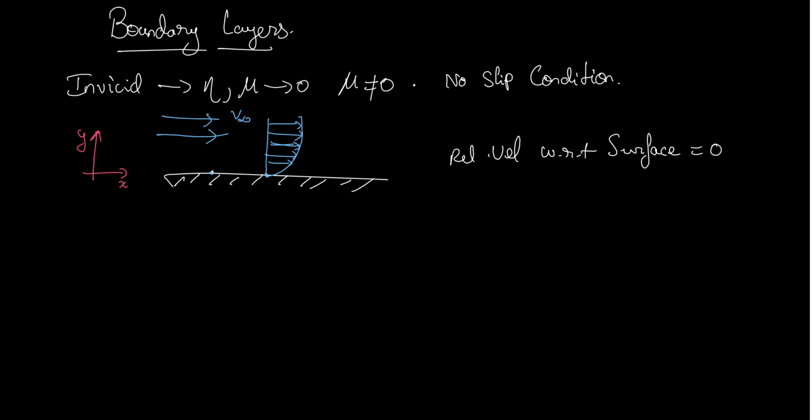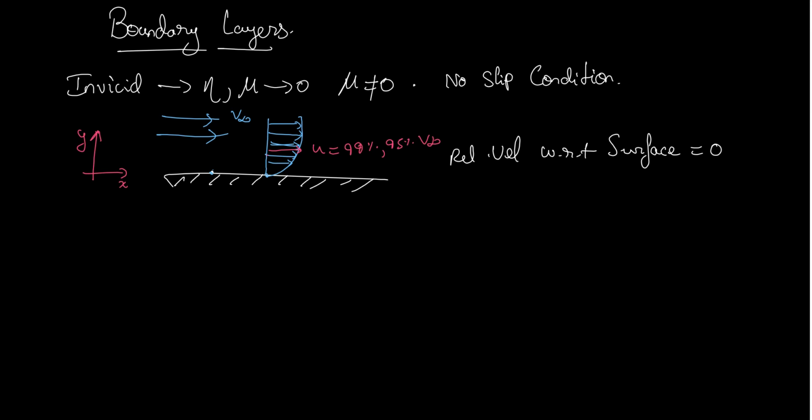It is 0 at the surface, and it is increasing gradually, and we assume that this is the place where my boundary layer velocity is almost 99%, or some conventions also state it is 95%, times the free stream velocity. So that is where we consider it to be the end of this gradient, and that is also where we consider it to be the edge of the boundary layer. So this velocity gradient is what constitutes the boundary layer, basically.